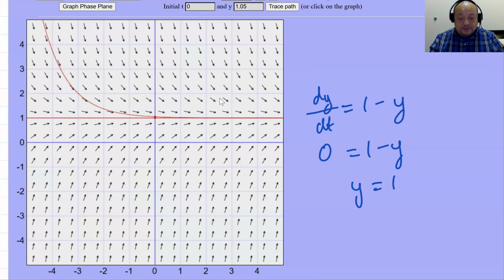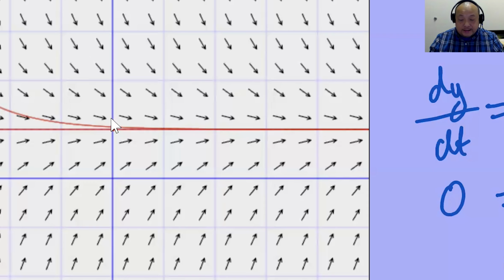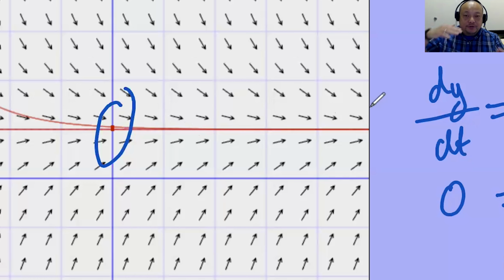I get this curve. So my initial value is at t equals 0. And then if I need to predict what's going on in the future, I will be okay. My measurement is a little bit off at the beginning, but eventually the curve merges into y equals 1.